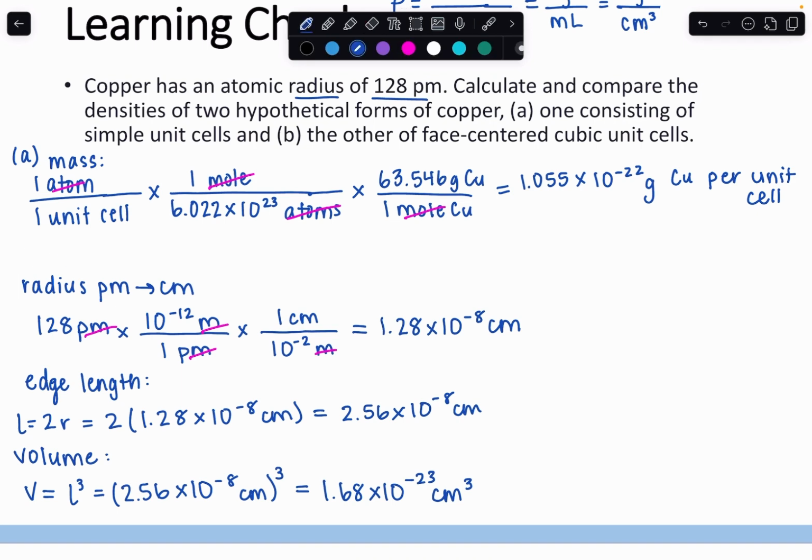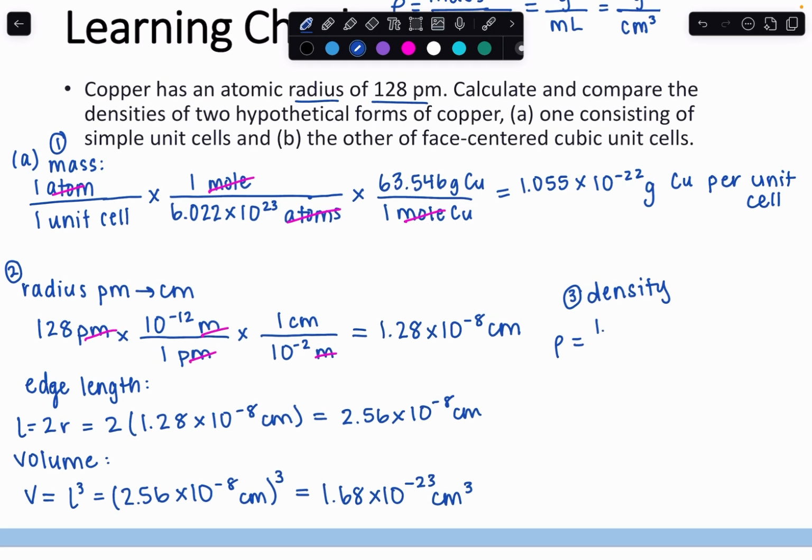I'm going to erase volume up there so we don't get confused. Okay, so that's our volume. Step 1 was to find mass. Step 2 was all for volume: converting radius to centimeters, finding the edge length, and then finding the volume. Step 3 is calculating density, which again is mass over volume.